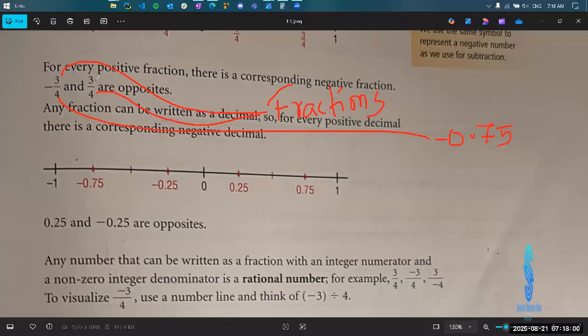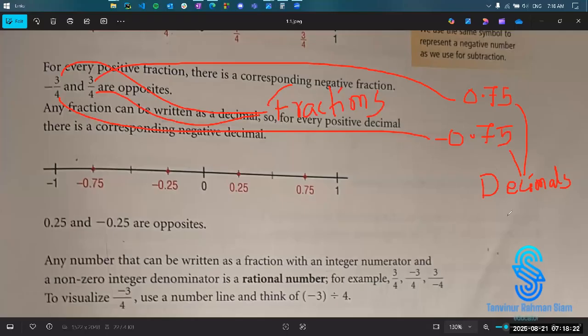And for 3 divided by 4, that is positive 3 divided by 4, you will be getting positive 0.75. So these are nothing but decimals. So one is fractions and another one is decimals. Got the point?